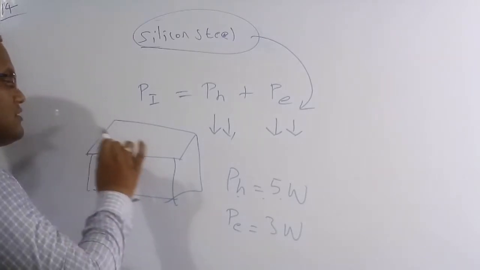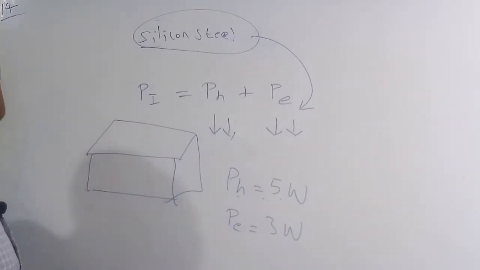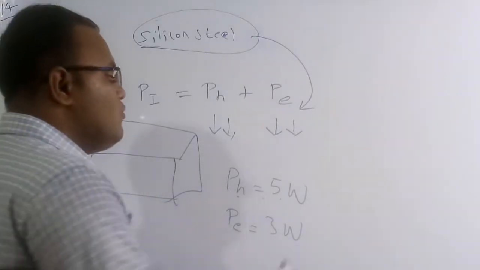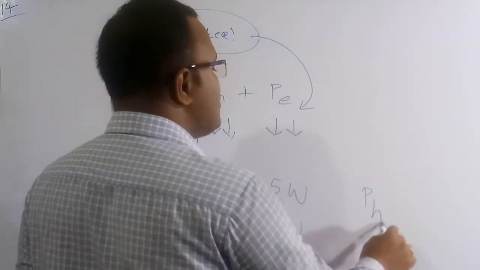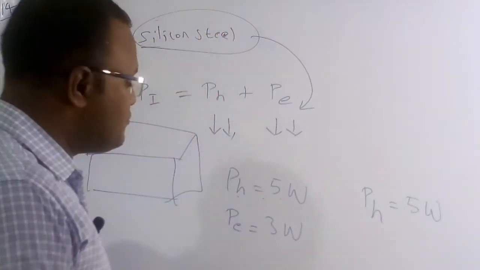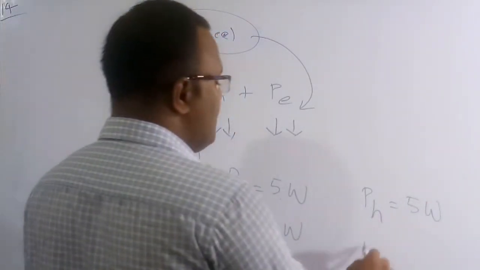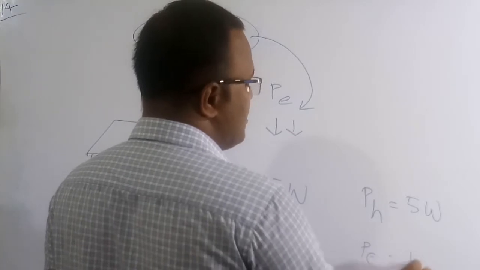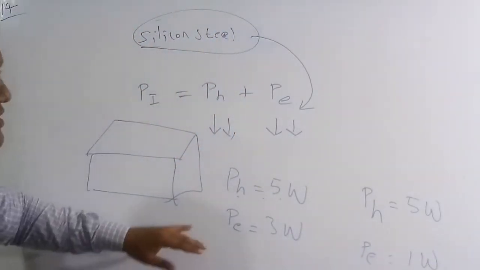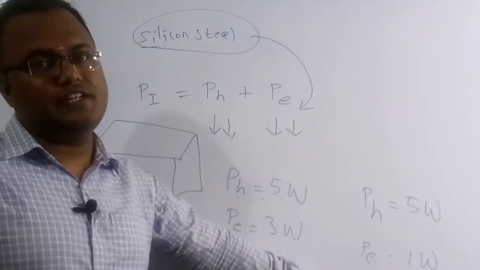Suppose you make laminations for this single solid core, then what is going to happen is the hysteresis losses will remain the same, because it is already decreased. But the eddy current loss will decrease further, maybe up to 1 watt. So we can say that with the help of silicon steel laminations, only the eddy current loss is reduced.